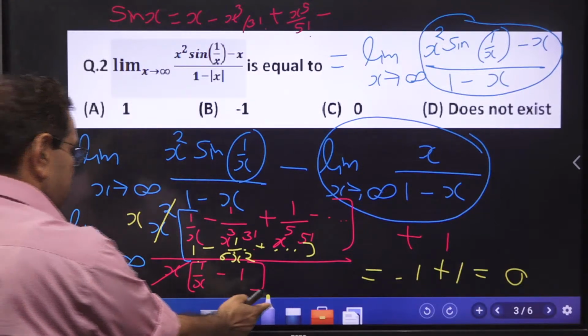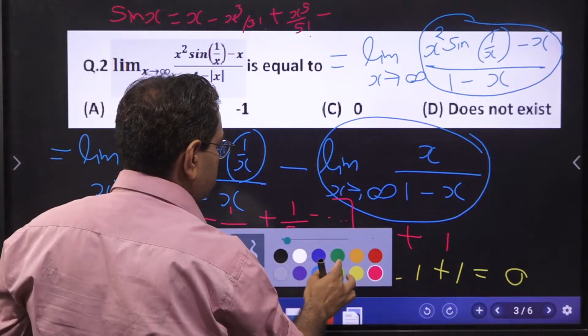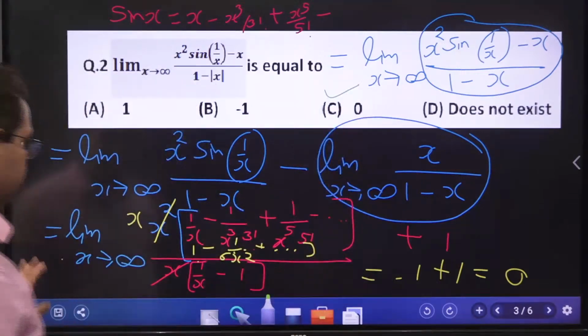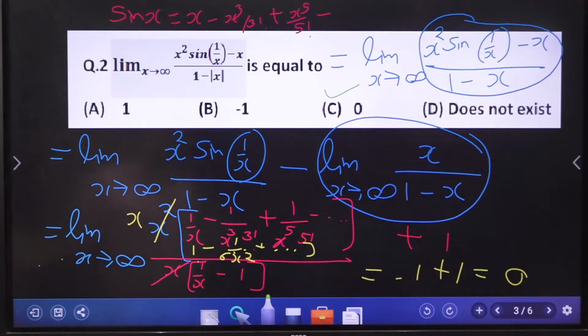Please remember the concepts which we have used here. Generally, whenever limit x tends to infinity, we have a common approach of dividing by x, so that x comes in the denominators to make the terms 0. So we should use this approach.